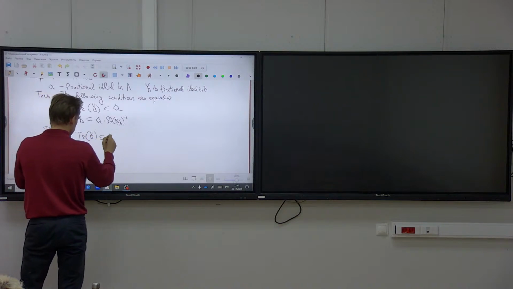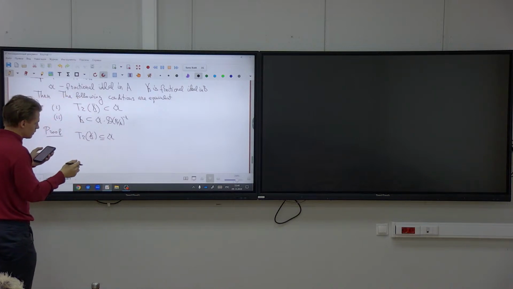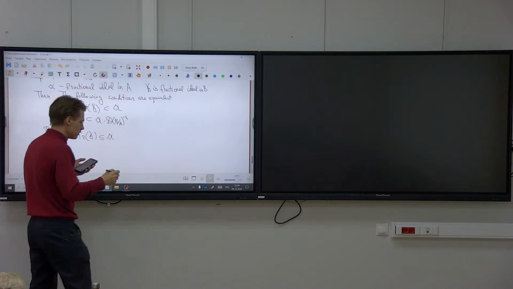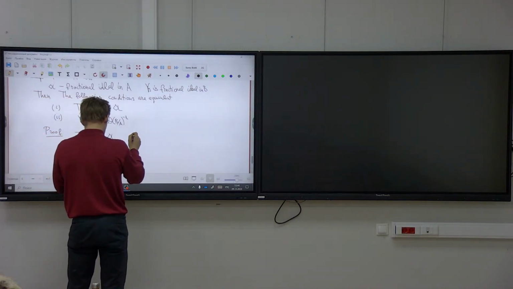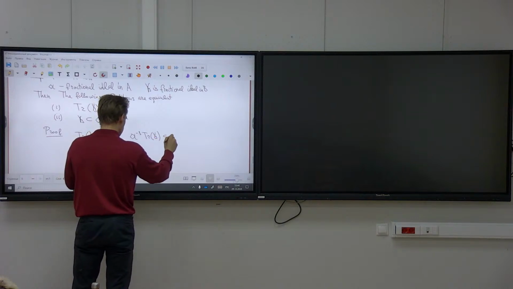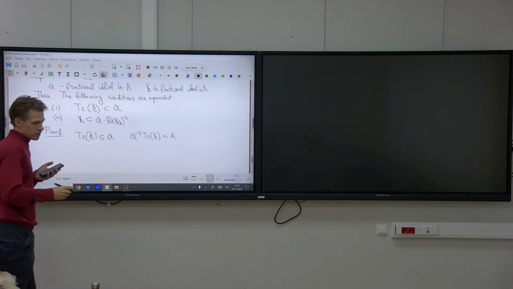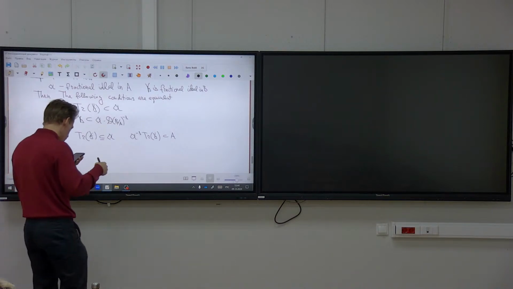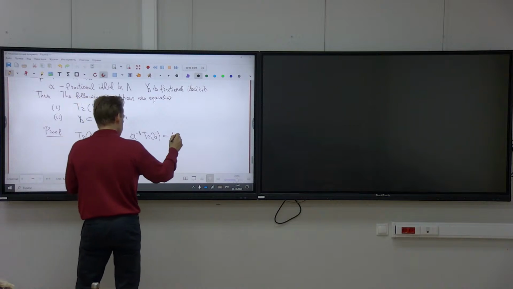So notice that you can swap. Since we're working with fractional ideals, this implies that A inverse trace, so you can invert the ideal. So A inverse trace of B sits inside A. And if you are thinking about elements of K, you can move them inside.